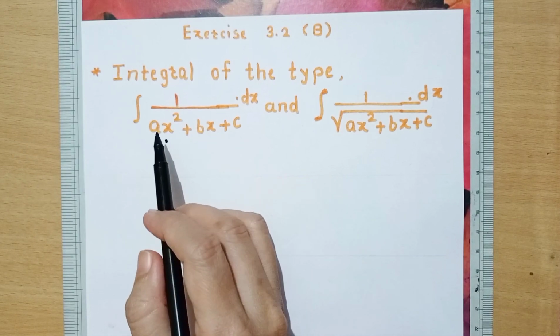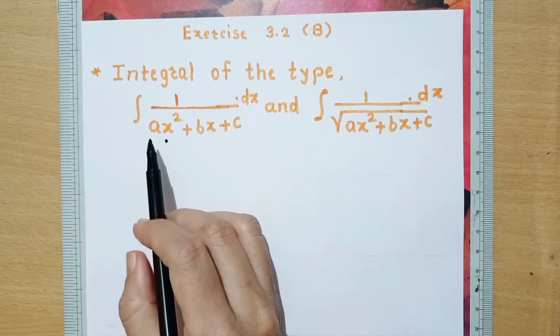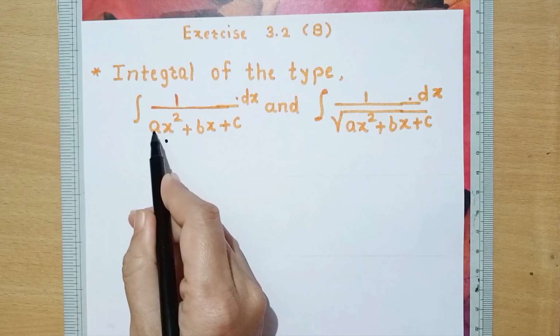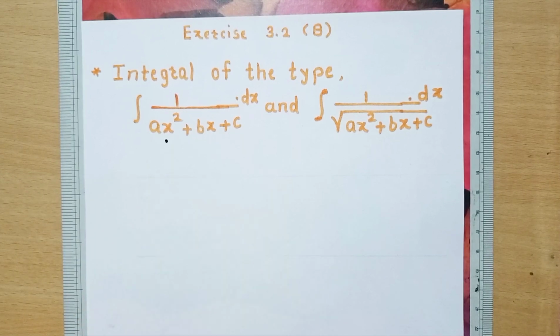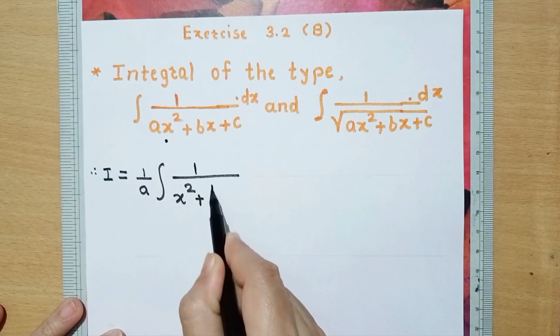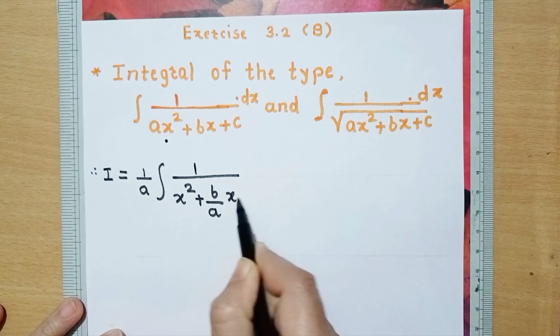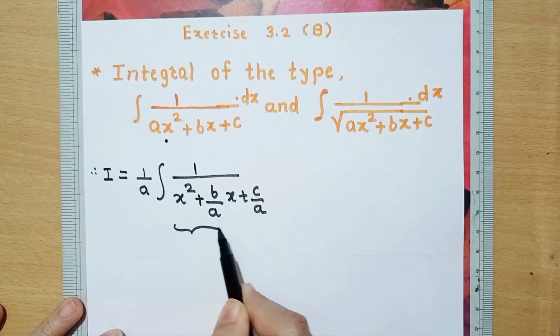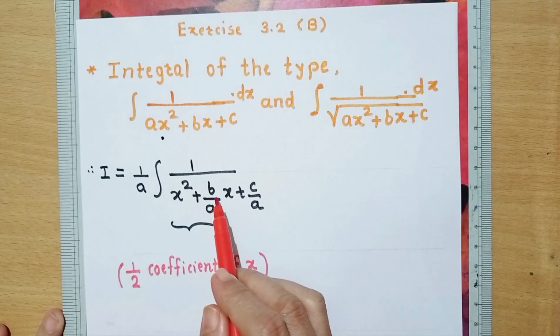Now we are always making the coefficient of x square 1, so here also we will make the coefficient of x square 1 by taking a common from these three terms. And so the middle term will be b upon a x plus c upon a. And now again we will find the third term of this.